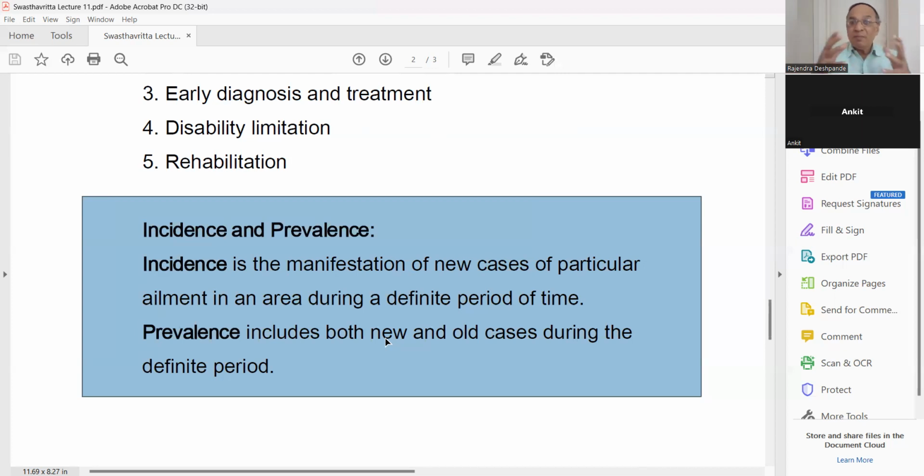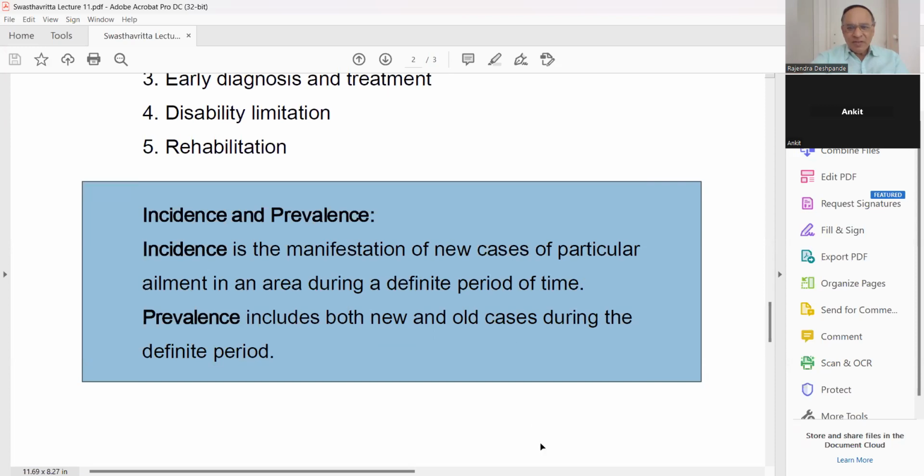So 150 is the prevalence. Then 2020, what will happen? This 2019 150 plus 2020, it is again 100 cases more. So total prevalence, occurrence in 2020 is the mixing of previous, old plus new. So in the notes you write down, prevalence means old plus new number. It is the number of the patients.